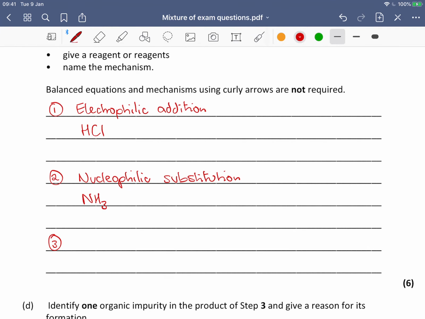So we're going to get nucleophilic substitution again. We know already that G is our ethylamine, so that means our other reagent must be our chloroethane again.